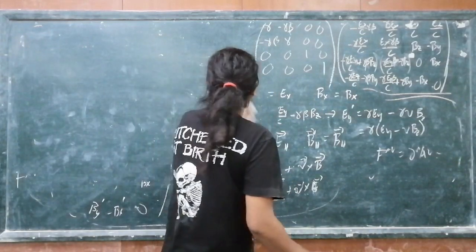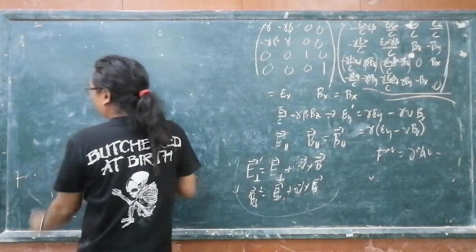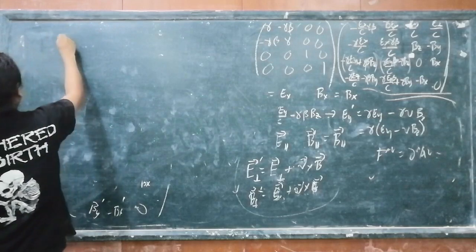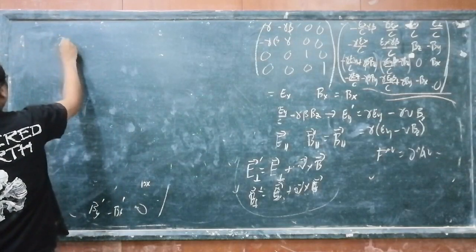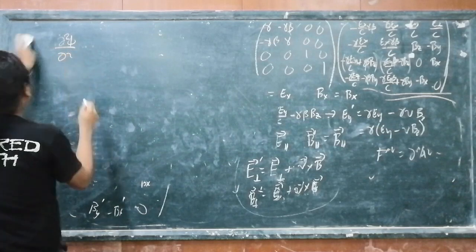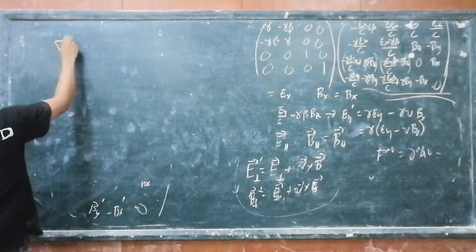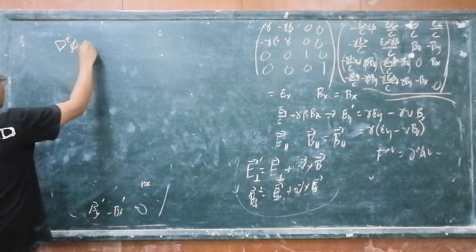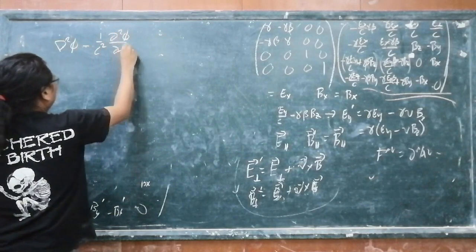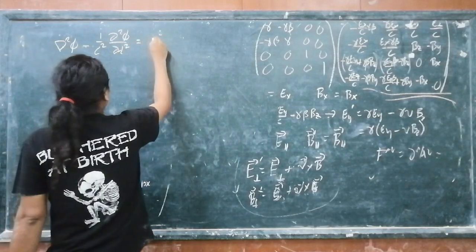Okay. Now, let's go back to what we had. What happens to Gauss's law? In the first one, we have del squared phi minus 1 over c squared, partial squared phi over partial t squared equals what?